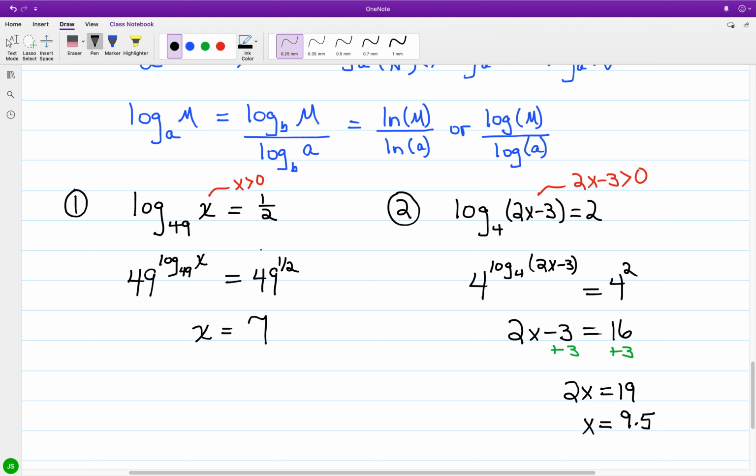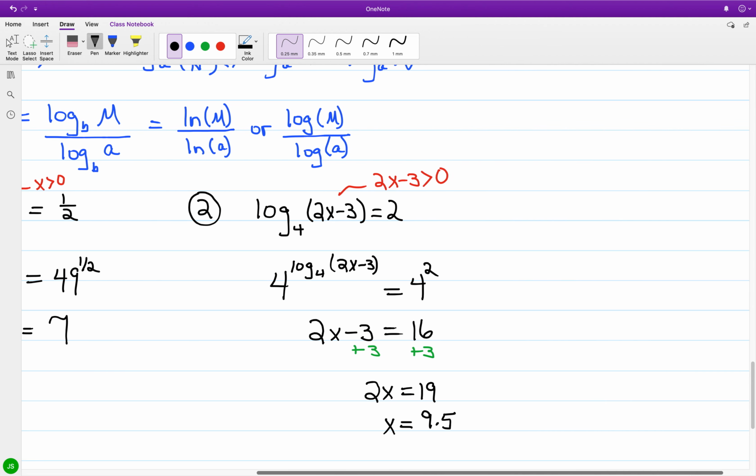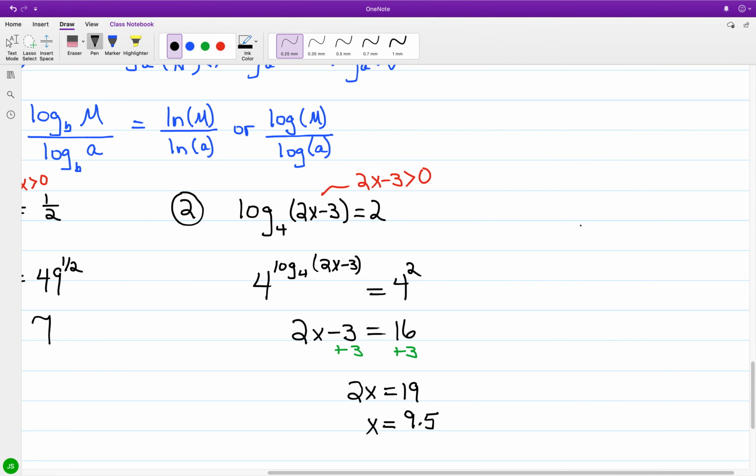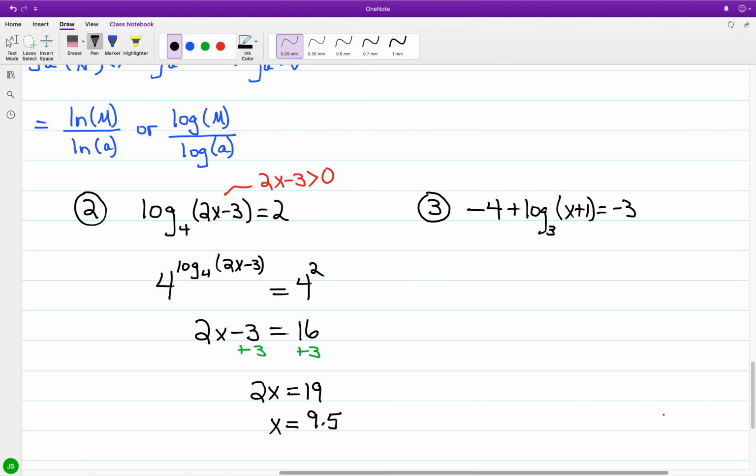Okay, now in the case of what we have with item number 3, okay, and we have -4 plus the base 3 logarithm of the quantity of x plus 1 is equal to -3.